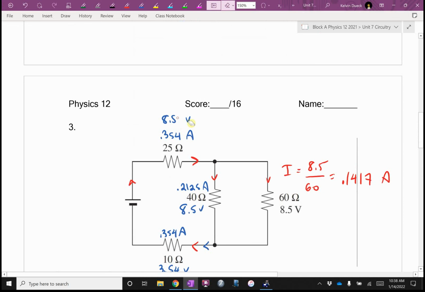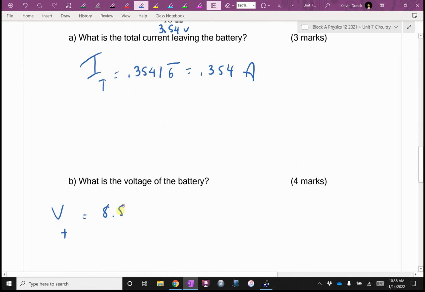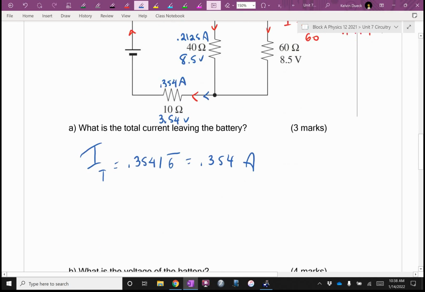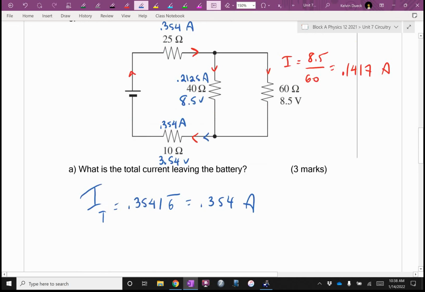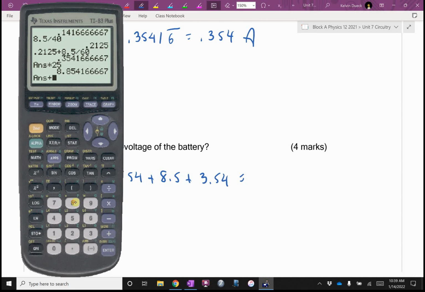Someone's in a bit of a slump here. 8.854 plus this middle one, I could use either of these 8.5s, plus 3.54. Total voltage is this plus 8.5 plus 3.54. Total voltage is 20.9.